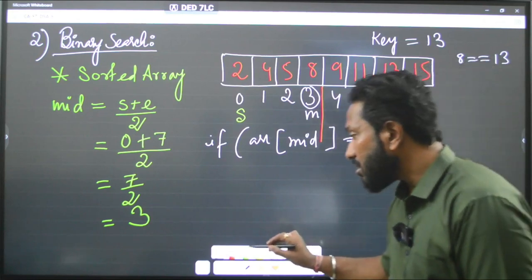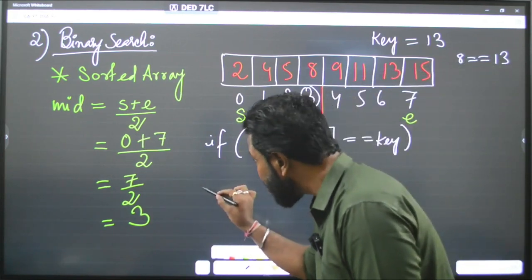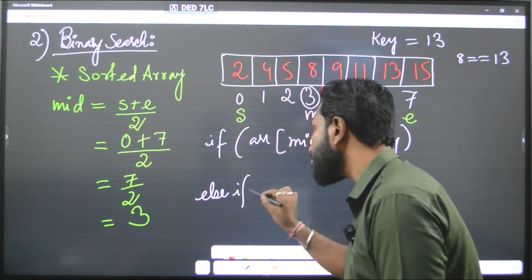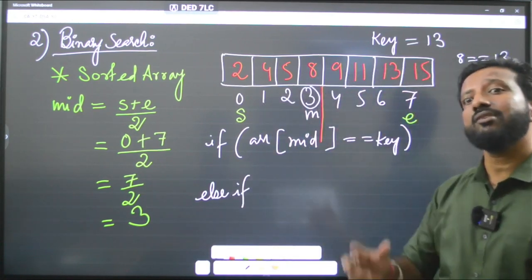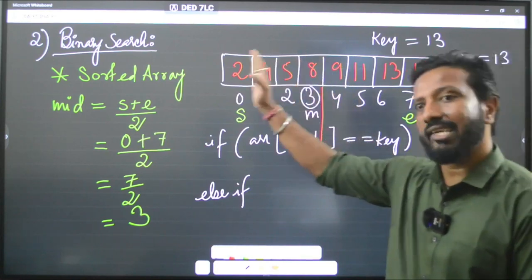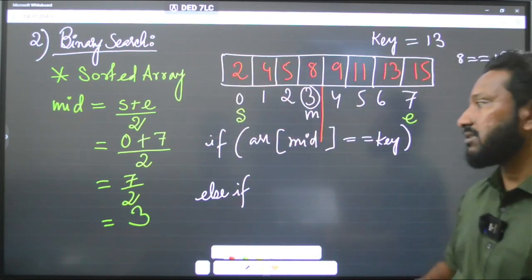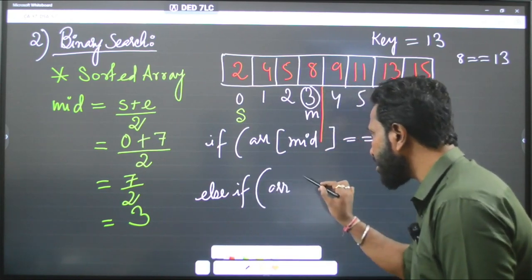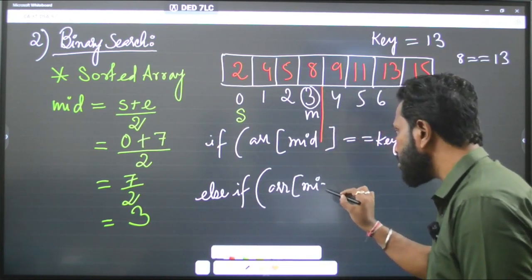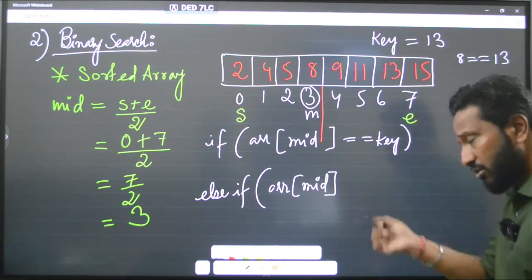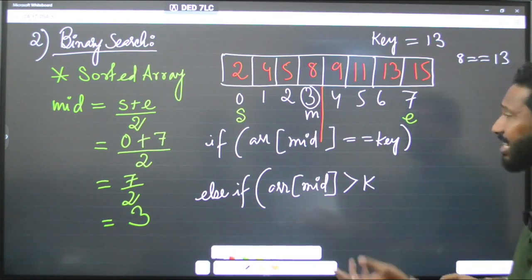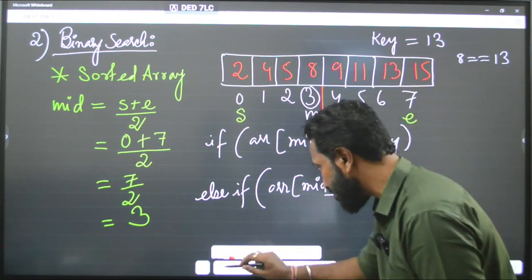Otherwise, we will go to the else if part. Else if there will be two conditions. One will be it will be less than or it will be greater than. Okay. So, if our ARR of mid is, say suppose, greater than the key, or let us take less than only for the time being, because we have taken less than, right.